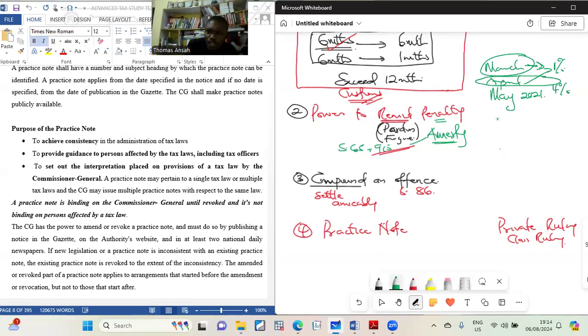Now, then the Commissioner General cited an example of 4% calculation on, let's say, 100 cedis. And the answer is what? What should be the answer? What do you think is the answer? 4% on 100 is what? 4, right? 4 cedis. Exactly.